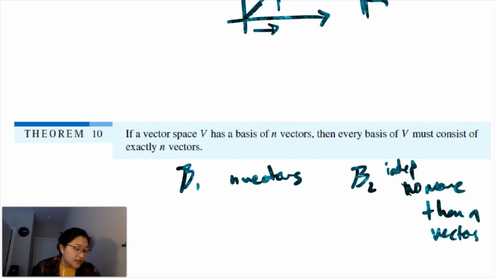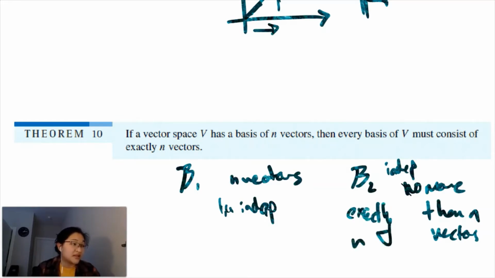And since B1 is also linearly independent, B2 has at least n vectors, but in order to be a basis for V, it has to have exactly n vectors. So B2 is also exactly n vectors.